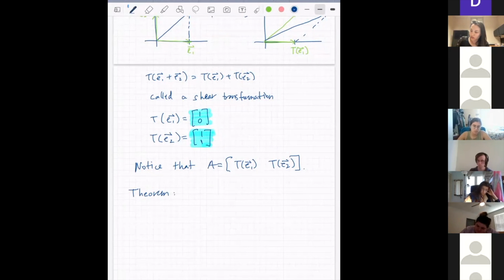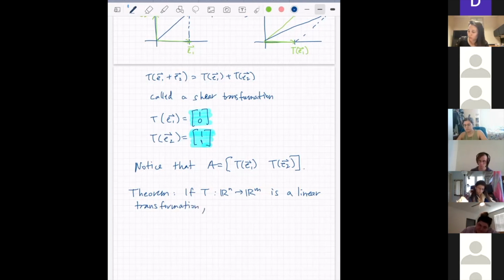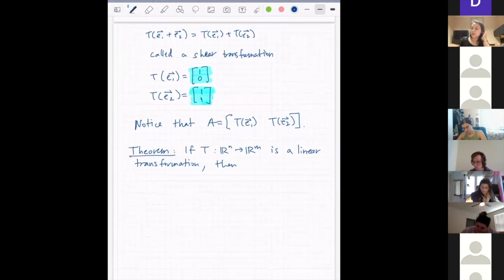Right. So if T is a linear transformation, then... okay, I think what I said is not exactly what I was trying to say.